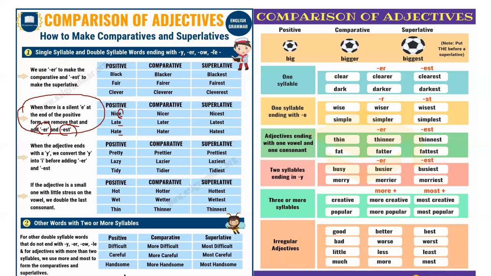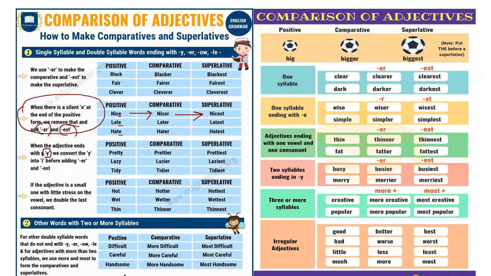So nice, you don't say nicee. So that's what is meant by the idea of silent E. When you have that silent E, you directly just add er and est: nicer and nicest, right? So that's what you can do.